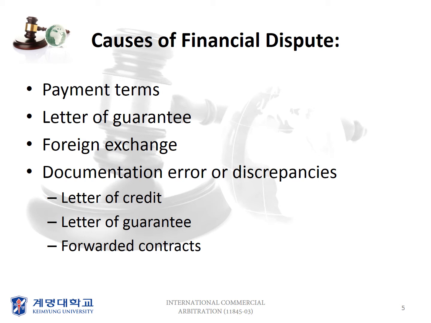Fourth is documentation errors or discrepancies. Letter of credit, letter of guarantee, forwarded contracts, there is some information that is not relevant or accurate, or sometimes the information is not authentic. Those could be some of the causes why financial disputes happen.